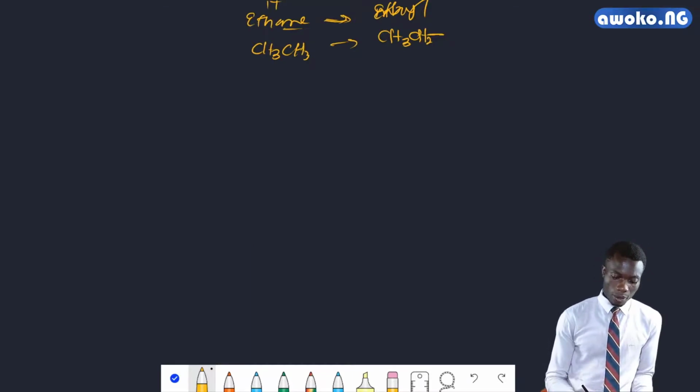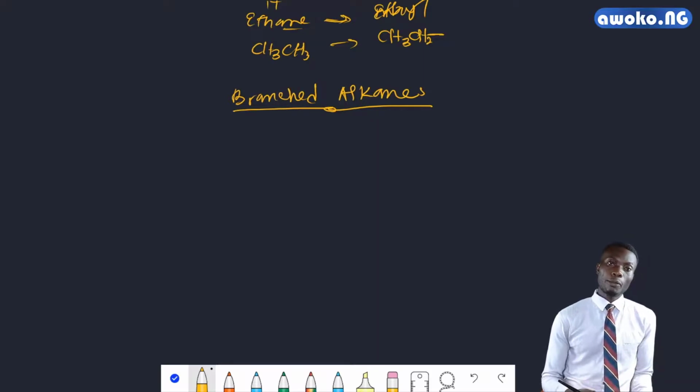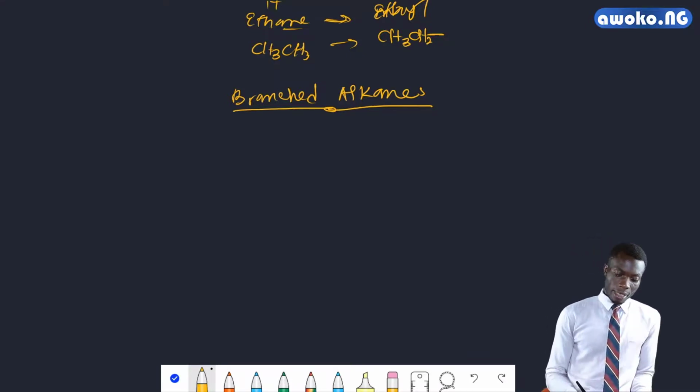Now, we'll try to understand branched alkanes. Try to understand the concept of branched alkanes. We have the first member of the alkane series as methane, the second member as ethane, the third member as propane, and the fourth member as butane. Now, it is important for us to know the structure of the first three members of the alkane series.